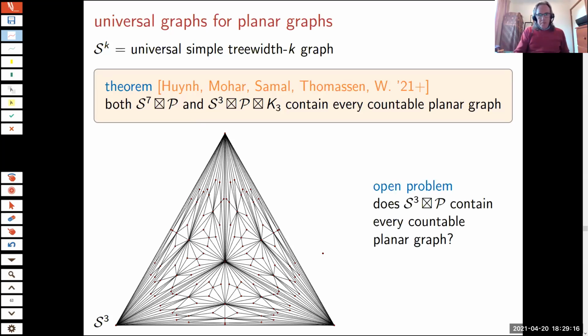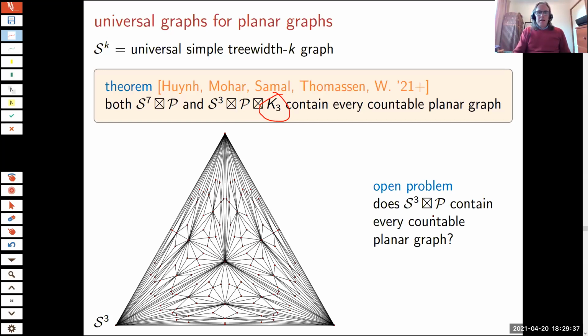Now there's a lovely open problem here, is whether you can drop the triangle? Is S3 times a path, does that contain every countable planar graph? It's possible that that's true, but we don't know. That would be a lovely theorem if it was true.